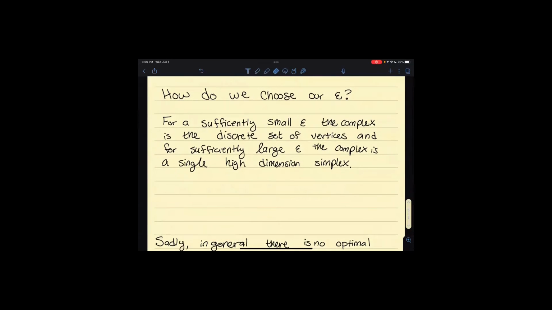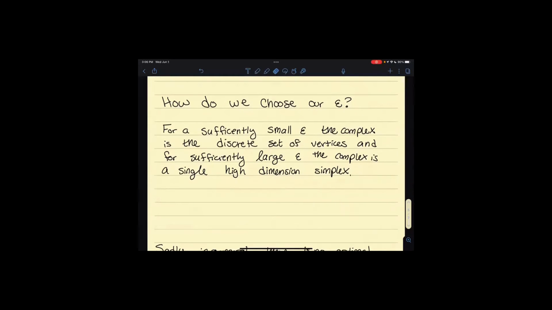But how do we choose our epsilon? That can be a big question. For a sufficiently small epsilon, the complex is just the discrete set of vertices. And for a sufficiently large epsilon, the complex is a single high-dimensional simplex. So there's got to be a point in between the two that is going to be optimal, or at least that's what we would hope or want.